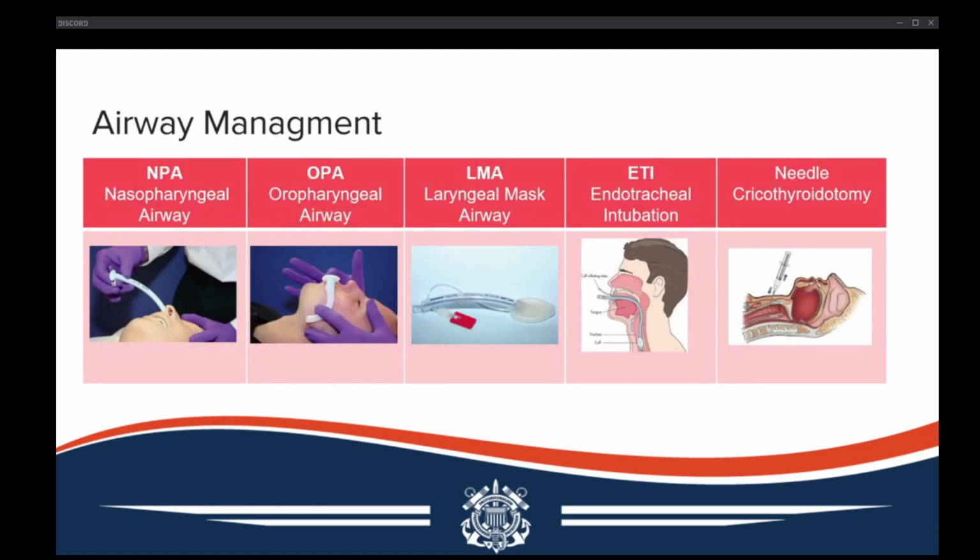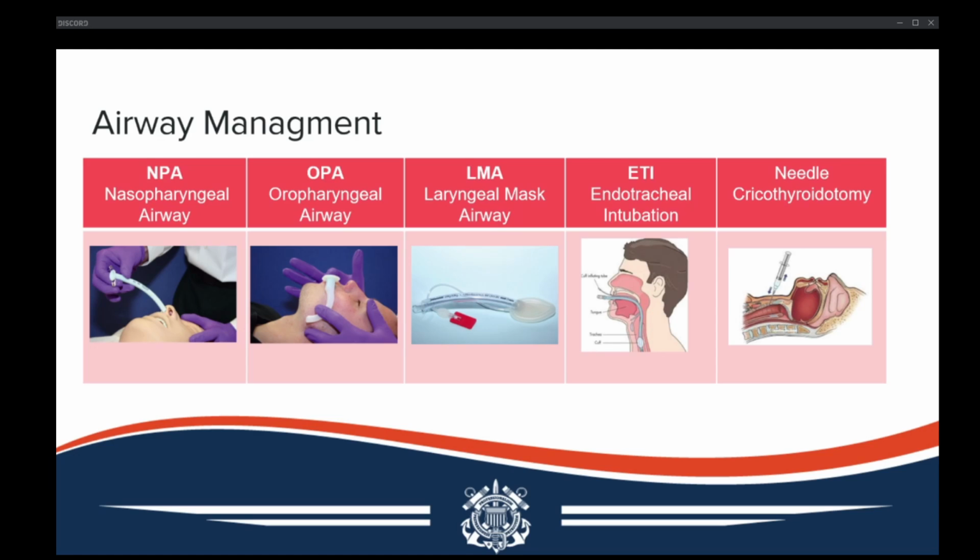There's a few ways you can manage an airway, a few different tools, some more gruesome than others, as you can see there. The first one is a nasopharyngeal airway, or an NPA. Basically just a flexible silicone tube. You shove it up their nose, and it assists their airway.